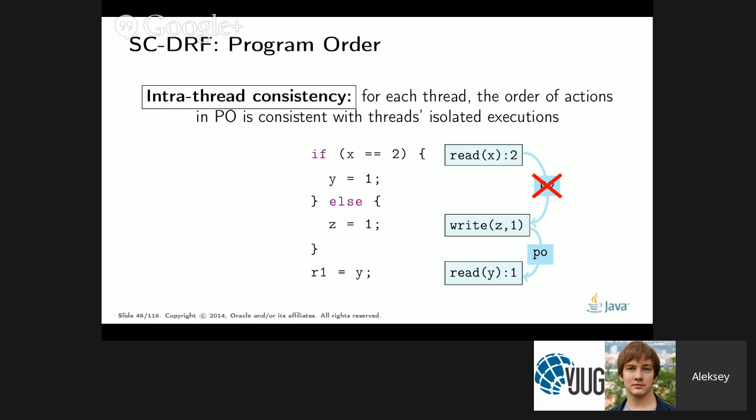If my thread had actually read 2 from x, it could not write 1 to z. It should be followed with the action that writes 1 to y. So this execution, however smart it is, cannot be used to reason about the outcome of this program. So I cannot use this execution to justify that I can read 1 from y in the last statement.